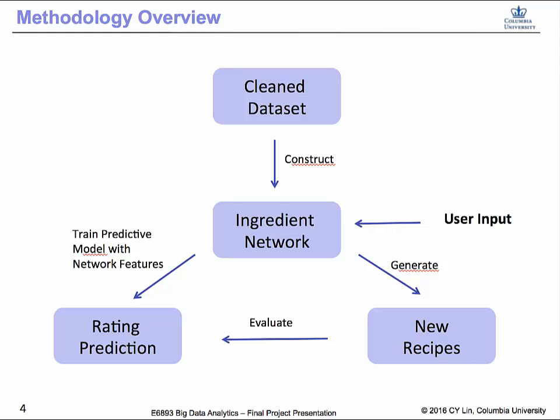On the other end, we take user input, so the user can type in whatever ingredients they want, and we will generate several sets of combinations based on the network as our candidate recipes. These candidates will then be evaluated by the rating prediction model. If they are able to achieve a high rating, then they will be suggested to the user.